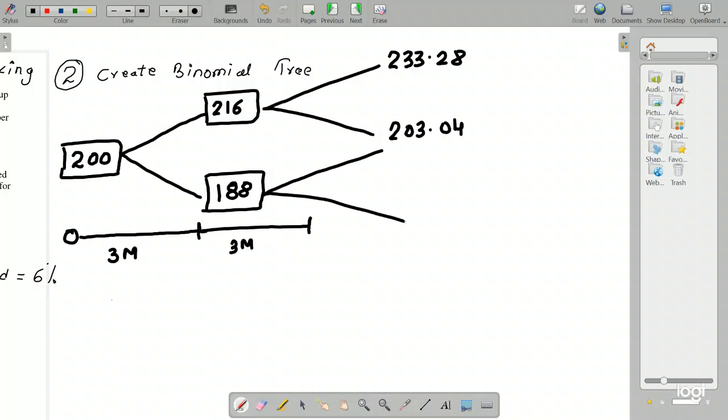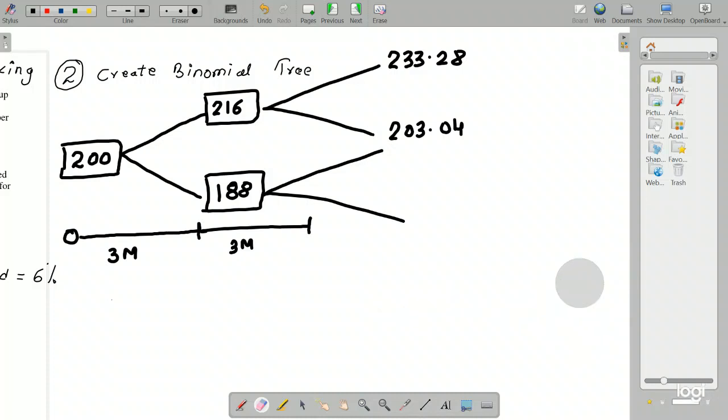You can just cross-verify also. What do I mean? I mean to say that 188 multiplied by 1.08 is going to give you the answer of 203.04 only, right? Because it's the same percentage that we are using. So we are not calculating that one because it's the same thing.